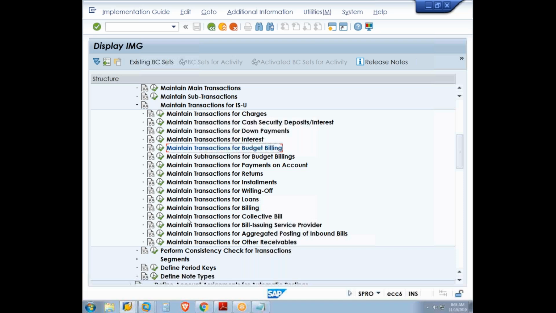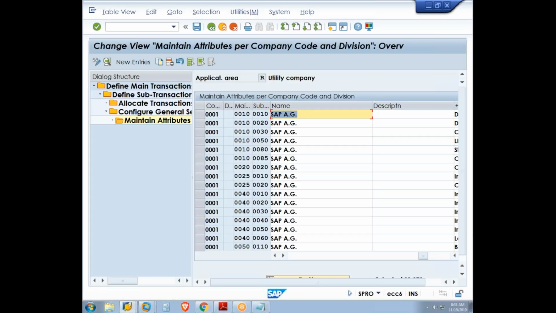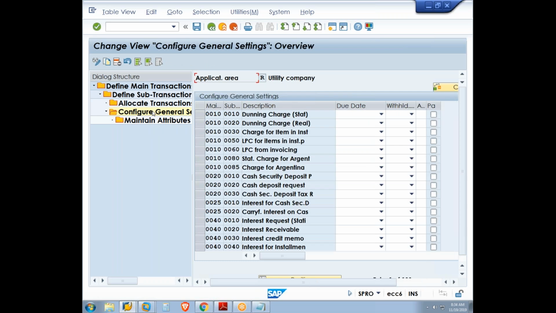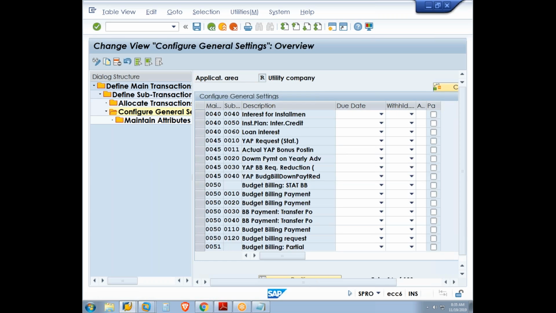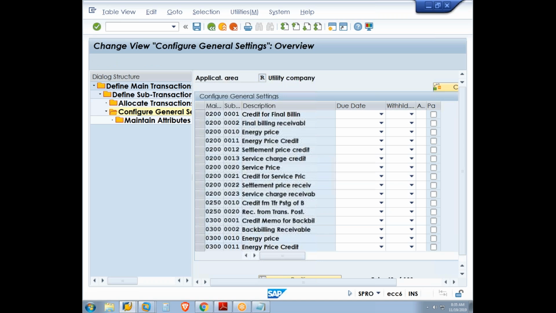Generally you can select here maintain transactions for billing, and you can see all the main transactions, whether it is charges or security deposit, everything will appear. Now here, first configure maintain attributes for company code and division. In configure general settings, we can see our main transaction and sub transaction will appear here.